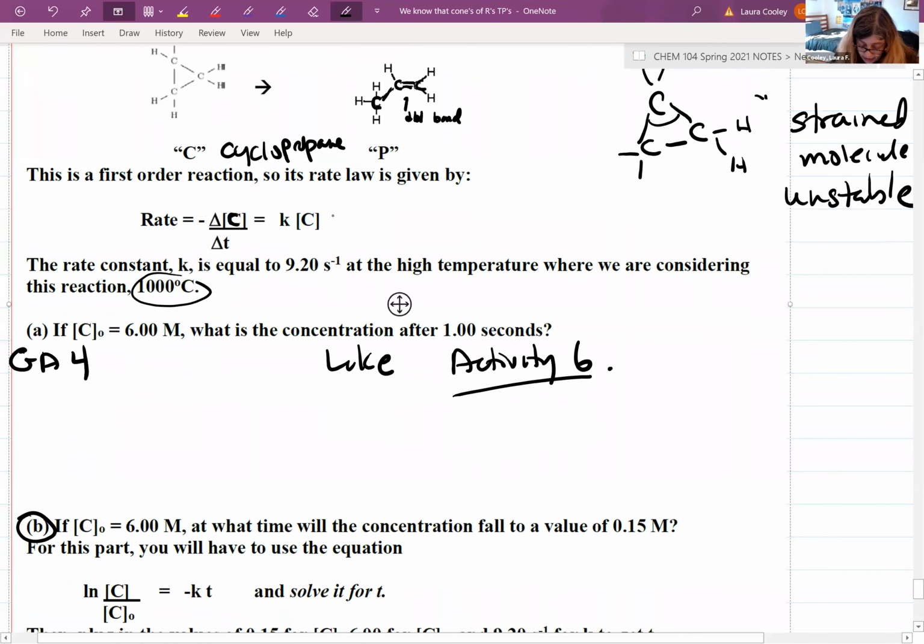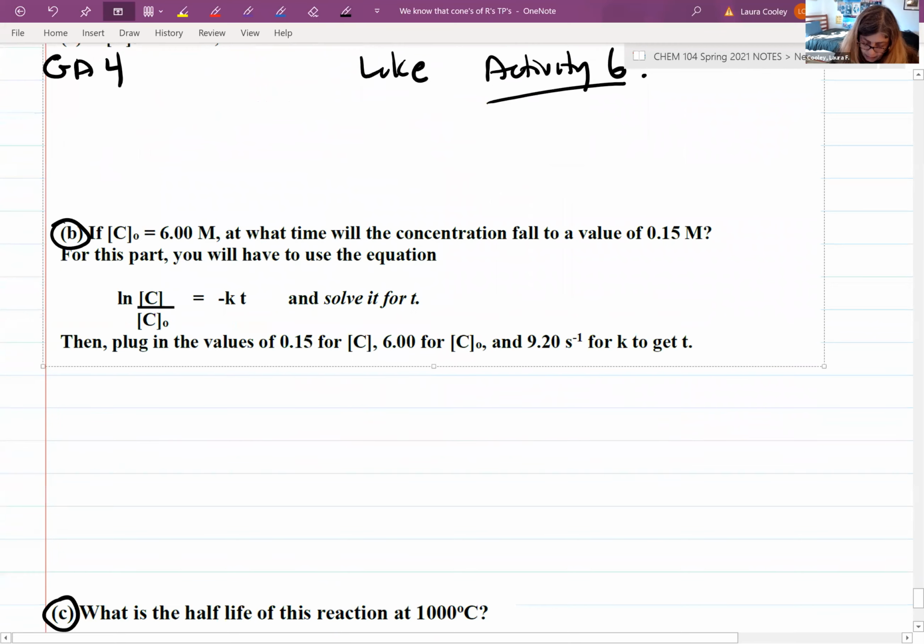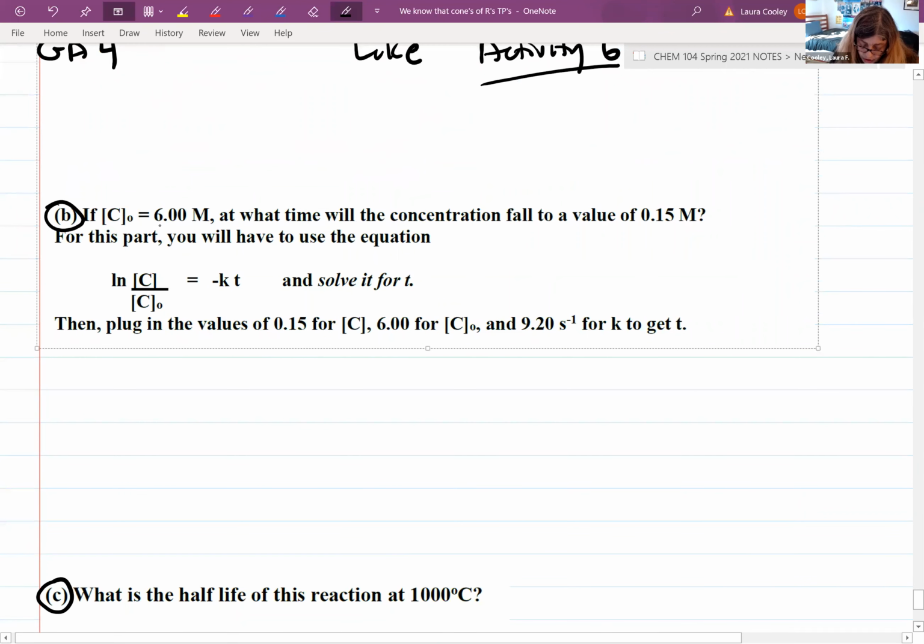So I write this in terms of compound C. And this question says, if the initial concentration is 6 molar, at what time will it fall to 0.15 molar?